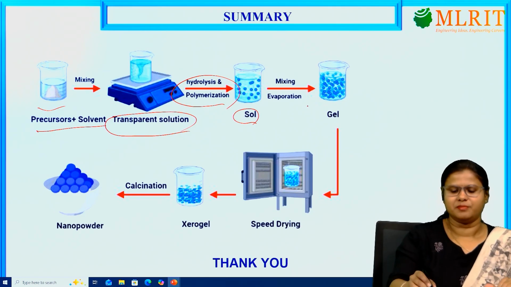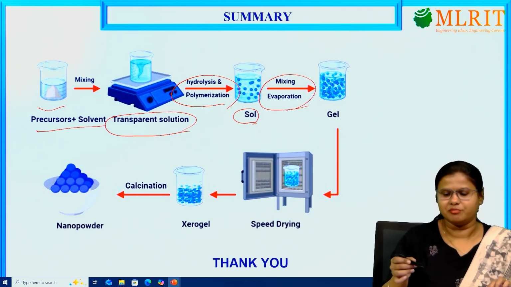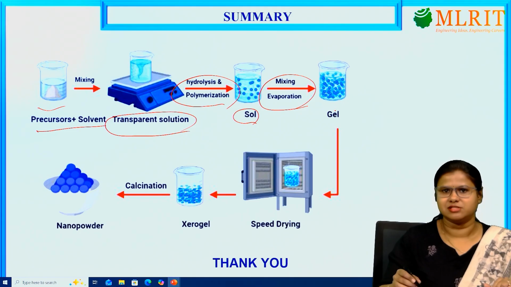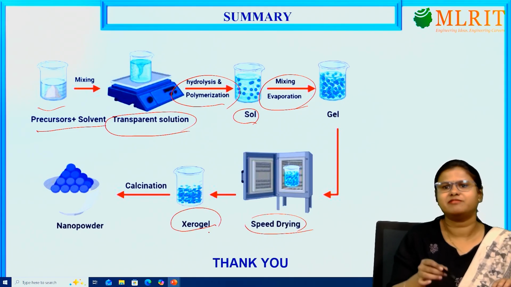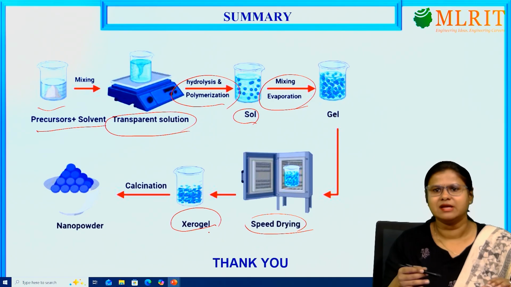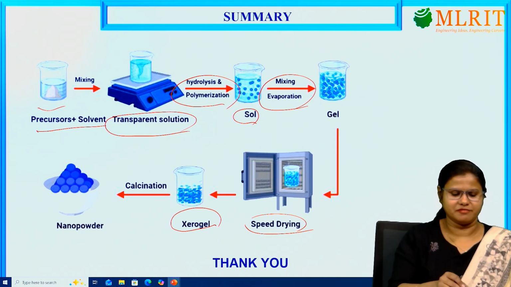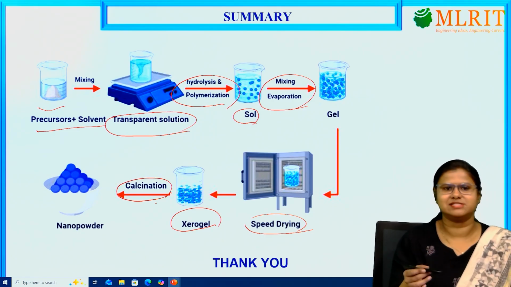Then by mixing or evaporation we get the gel, and by simple drying we can get a xerogel. By different drying processes we can get different kinds of gels, and finally by calcination we get the nano powder.